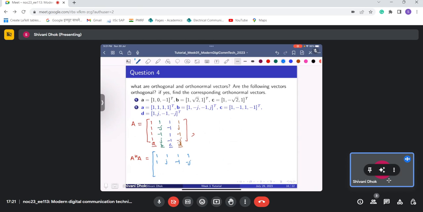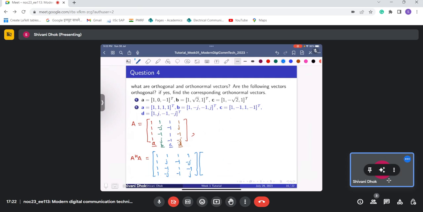Hermitian means we need to take a transpose and do the complex conjugate of all the complex entries. So if I do transpose, the second column will become the second row with a conjugate sign, that is this minus j will become j and this j will become minus j. Similarly we have here 1 minus 1 1 minus 1, and the fourth column will lead to the fourth row, that is 1 minus j minus 1 j.